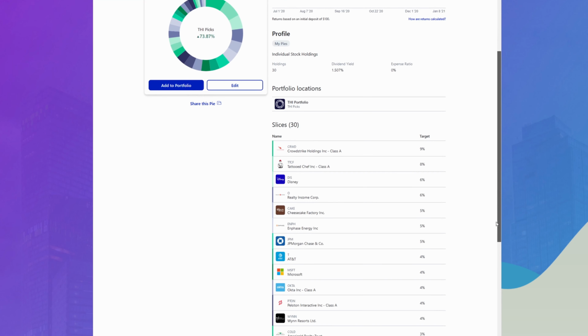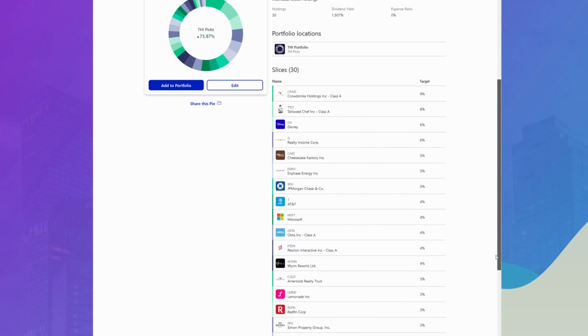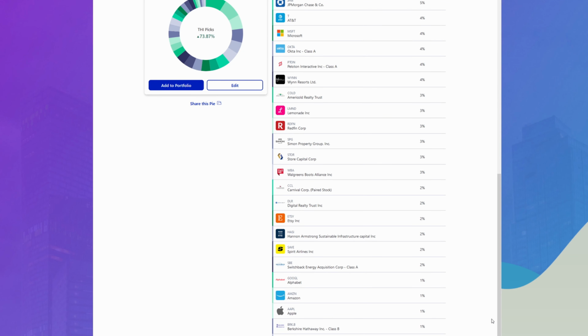So what I have here is arguably at least 10 of these could be considered tech companies. And these tech companies that I've chosen, the majority of which are small cap companies, I think could have great growth potential. And there's also a play here on some recovery stocks that I'm hoping are going to see some good recovery, appreciation over the next year or so.